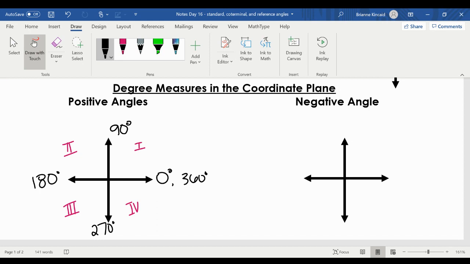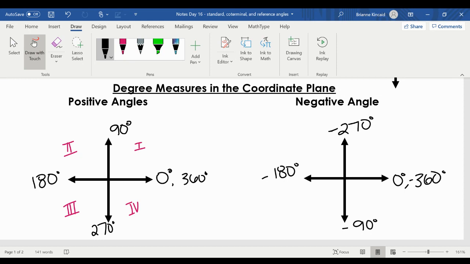As far as our negative angles, because you can also draw negative angles, we need to have our negative degrees. These are called our quadrantal angles. I start at 0 degrees, and instead of moving counterclockwise, I move clockwise. So this is negative 90, negative 180, negative 270, and lastly, negative 360.